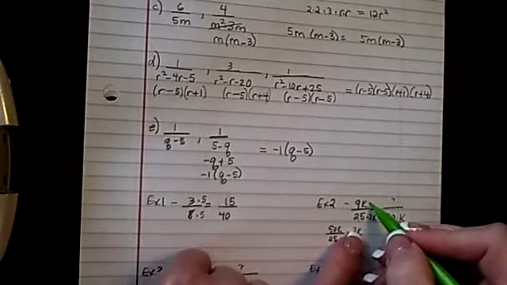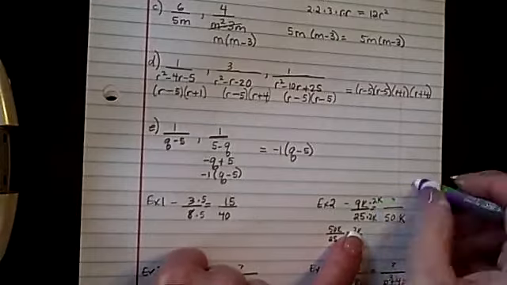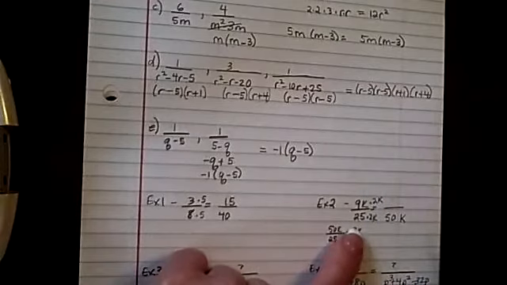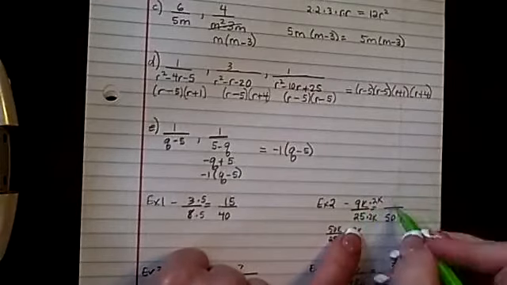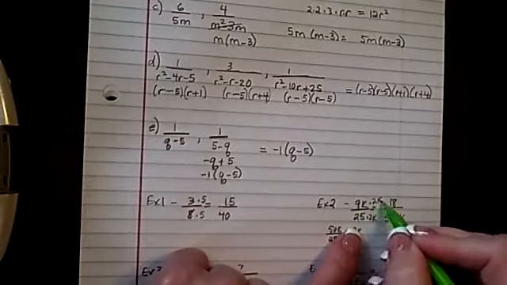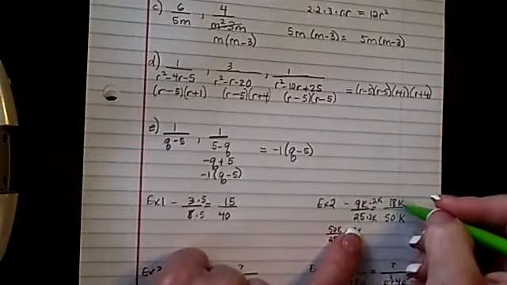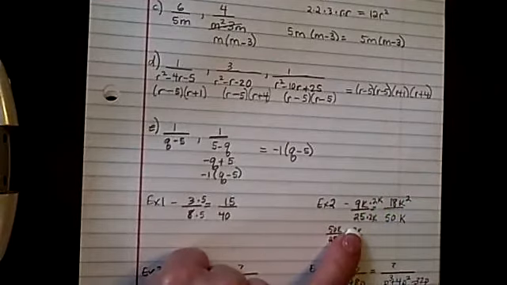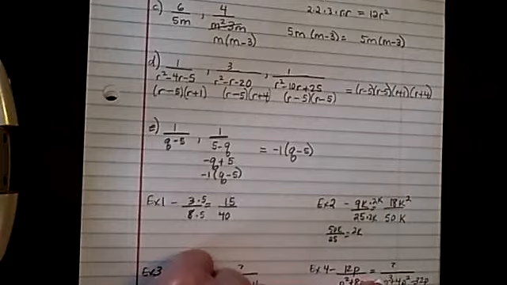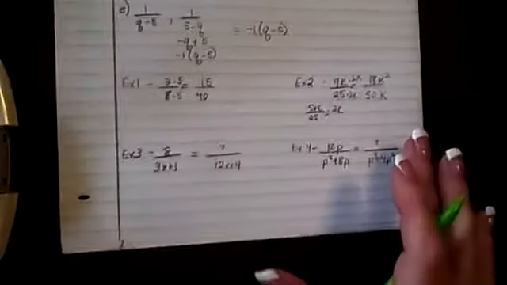And so then I'm going to multiply this by 2k, because remember, you have to keep it balanced. What you do in the denominator, you do in the numerator. So 9 times 2 is 18. And k times k, remember, you add the powers when you multiply variables. All right? So let's keep moving on here.